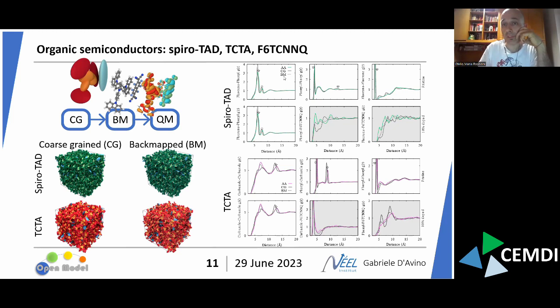And most importantly, we have essentially the same radial distribution function when we back map the coarse grain sample into the atomistic one. And here you see the side-by-side comparison between the back mapped and the coarse grain samples, and the molecules are basically the same, as this one inherits the thermal history of the coarse grain sample.